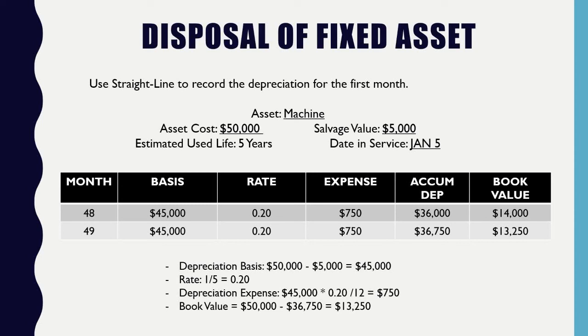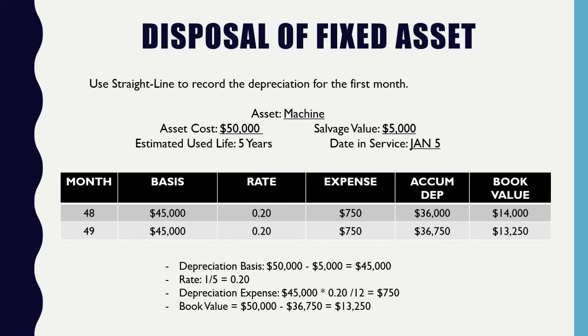So right here, we all know 48 months is 4 years, plus an additional one because we didn't sell our fixed asset until January 28th. Even though we didn't adjust our fixed asset at the end of the month, because we're choosing to sell at the end of the month, we have to consider it.